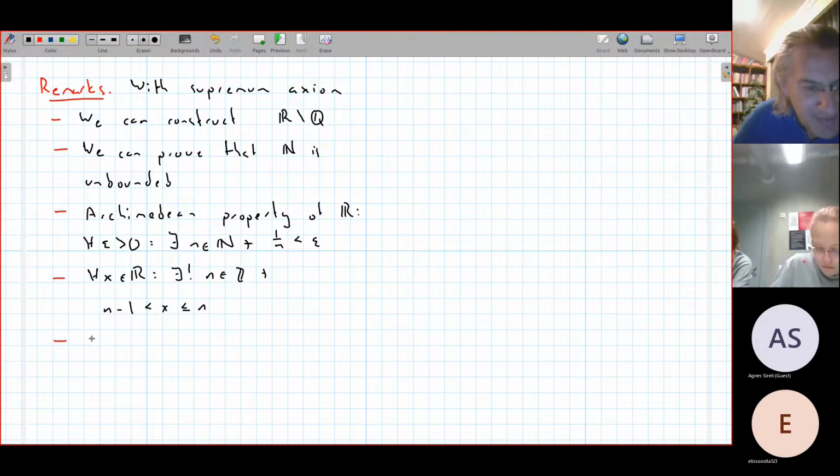And you can do more stuff. For instance, you can construct the Riemann integral using the supremum axiom.